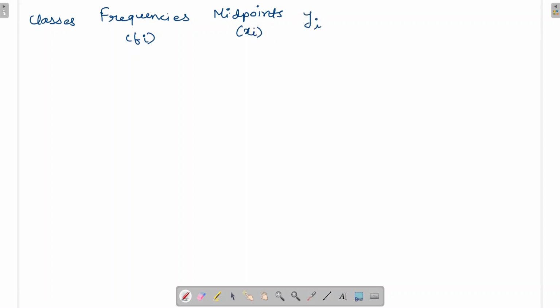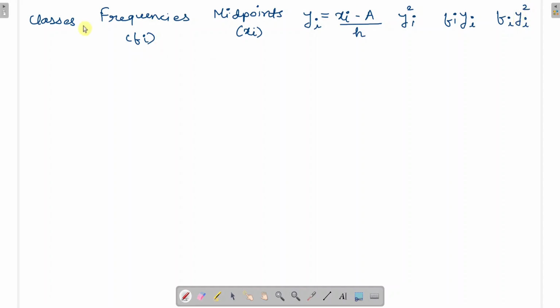So we are using the shortcut method, the step deviation method. Yi is equal to Xi minus the assumed mean A divided by the common factor H. Then we have Yi square, then Fi Yi and Fi Yi square.